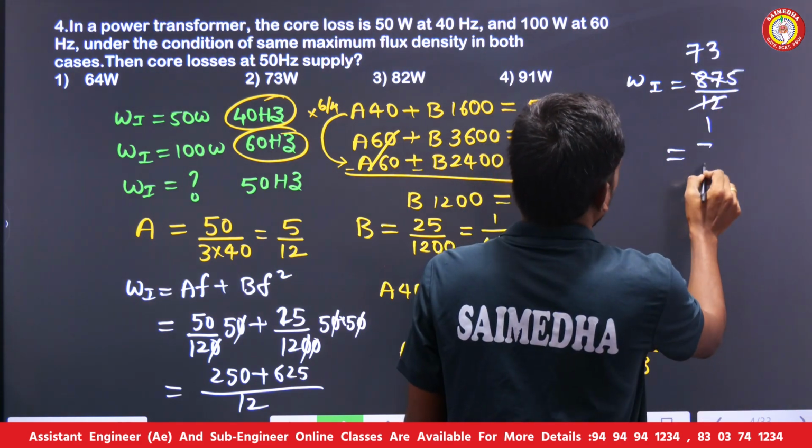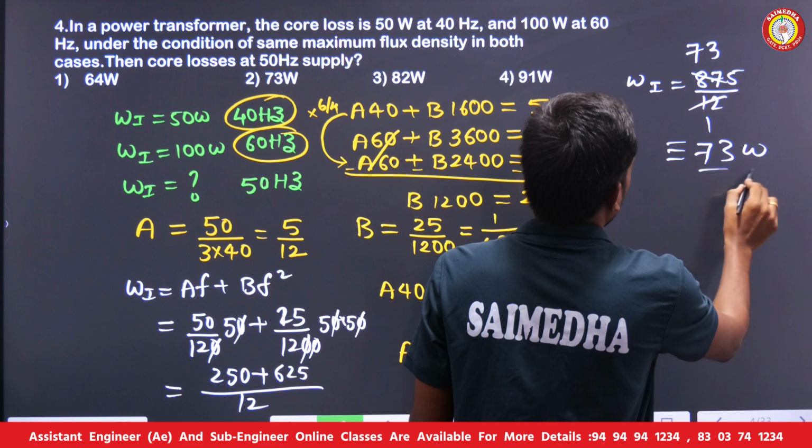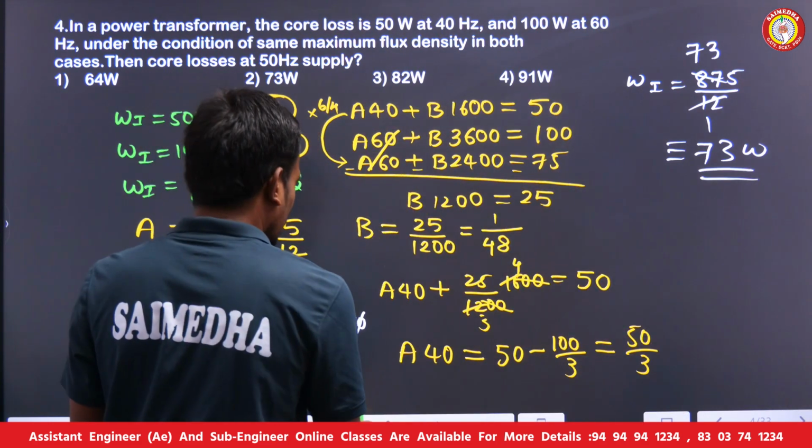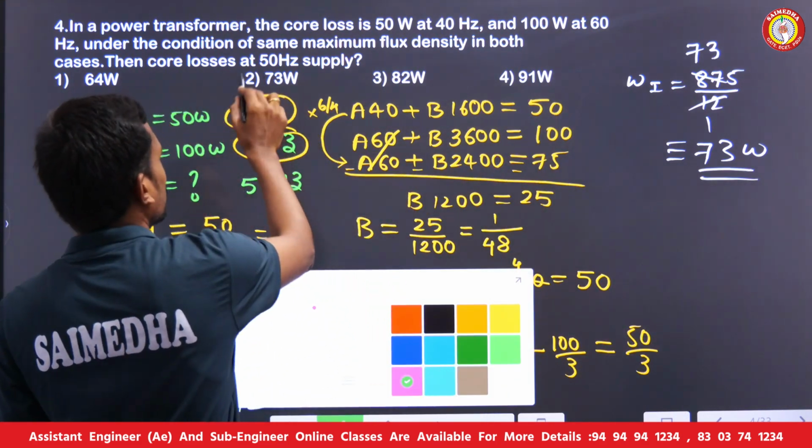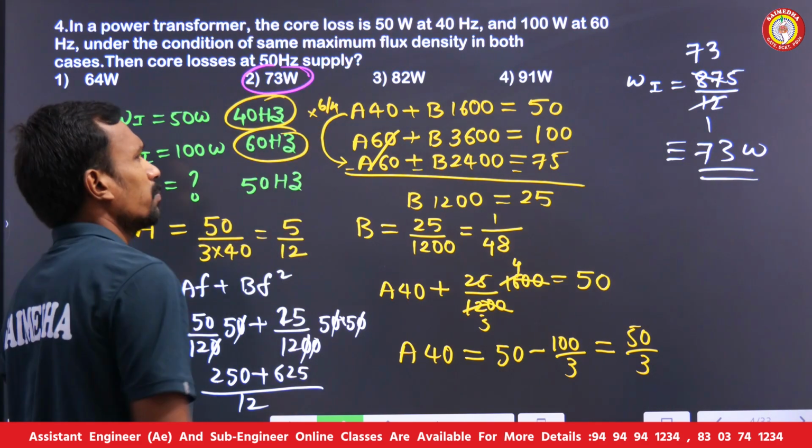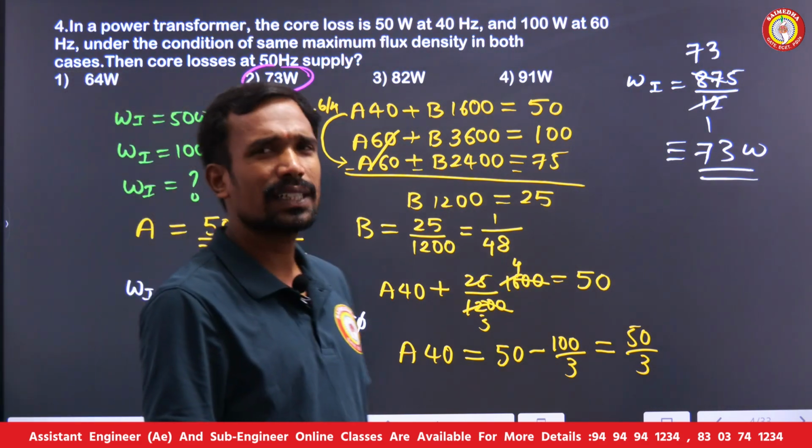So approximately the answer is 73 watts. Approximately, not exactly. Actually the answer is 72 point something, but approximately the answer is 73 watts.